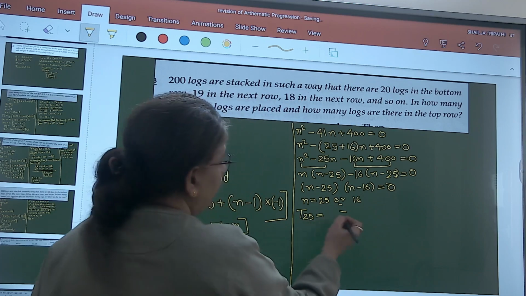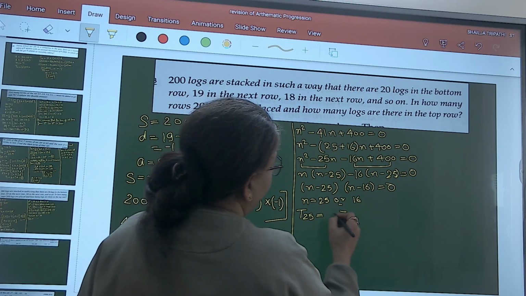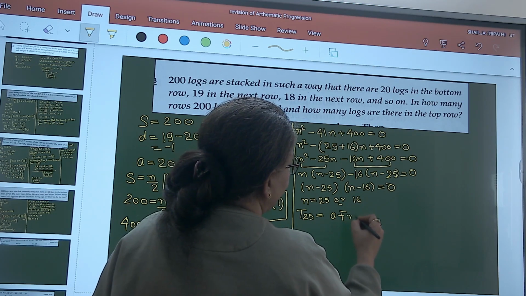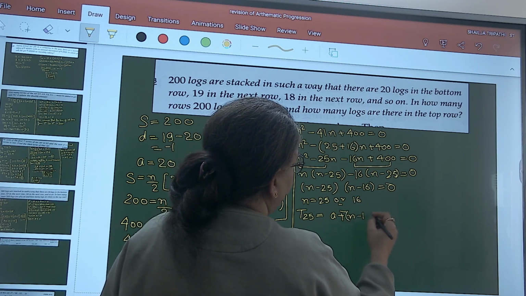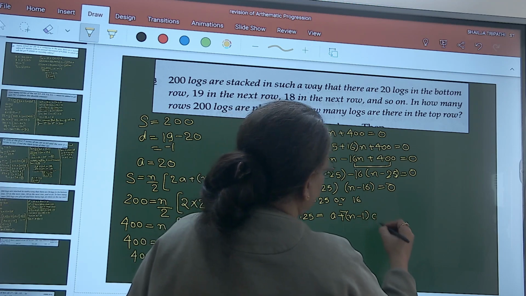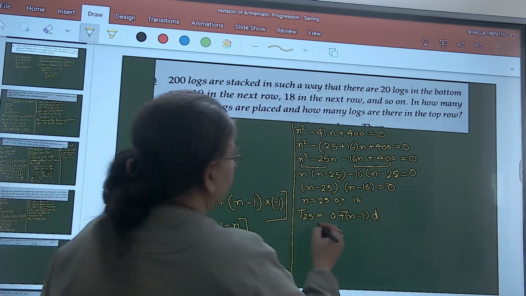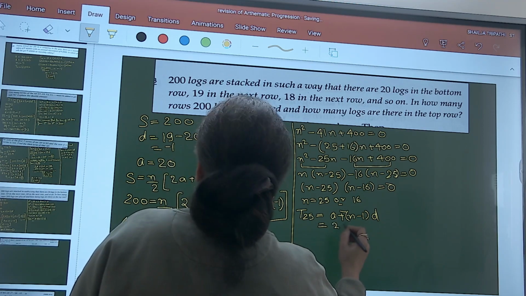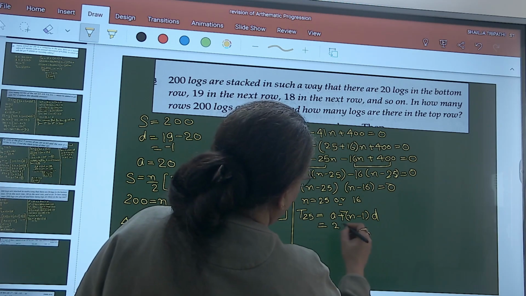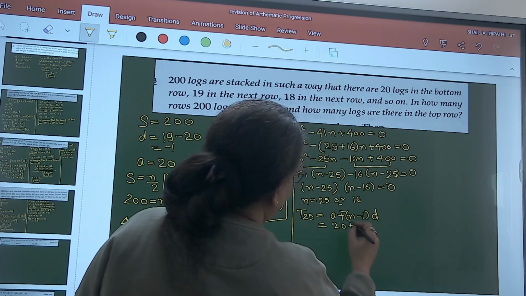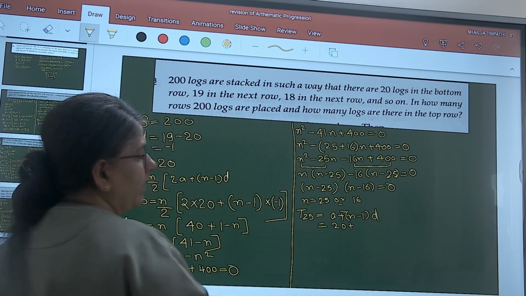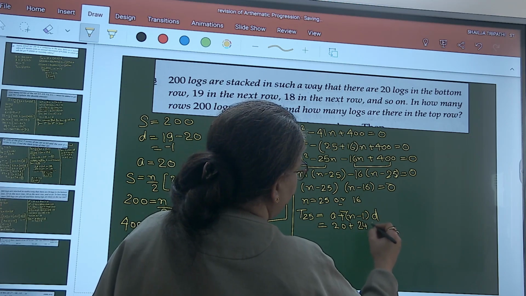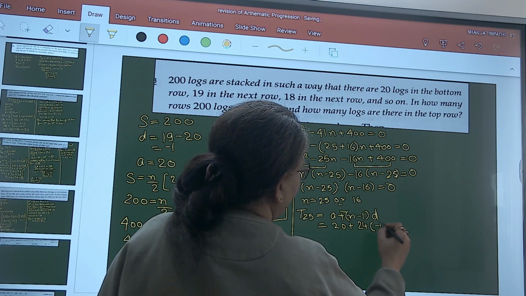See, what we get, T25 is A plus n minus 1 d. So A is 20 plus, see, 25 minus 1, that is 24, and d is multiplied by minus 1.